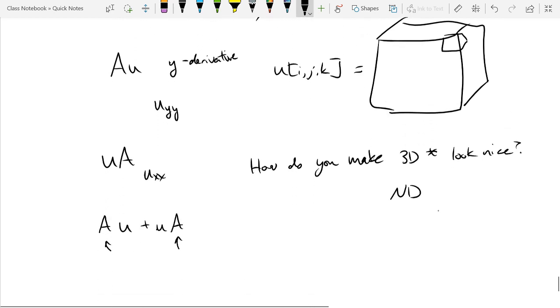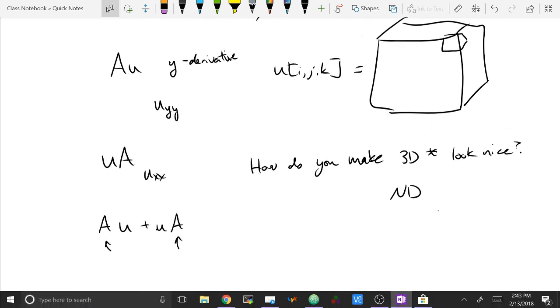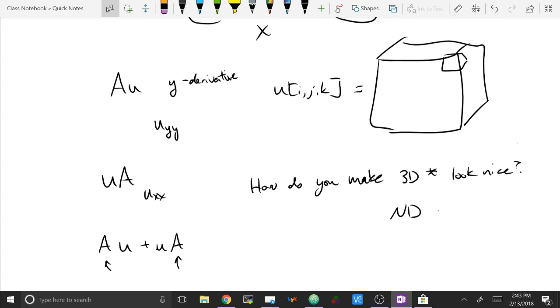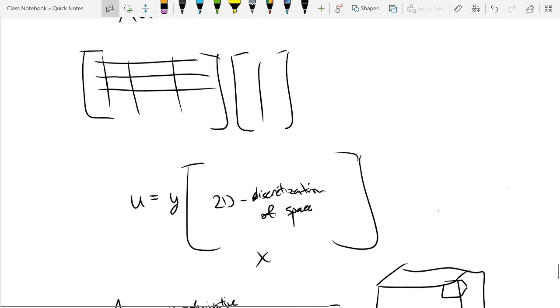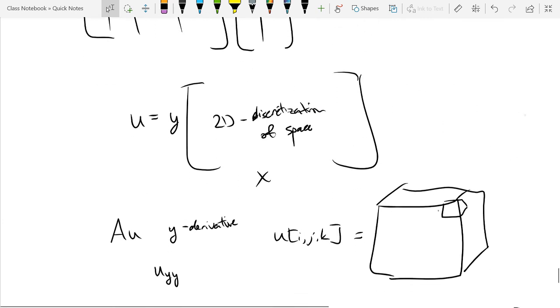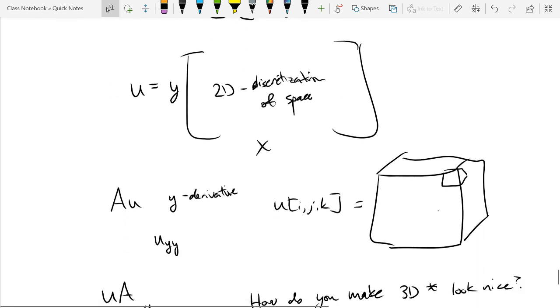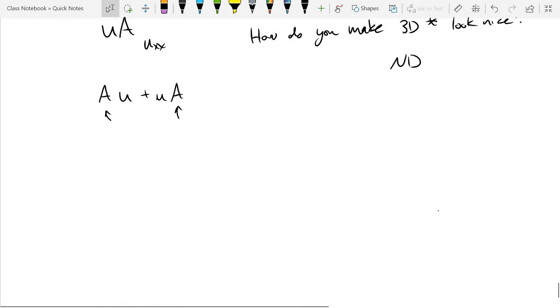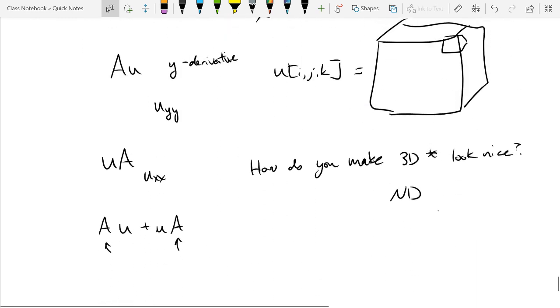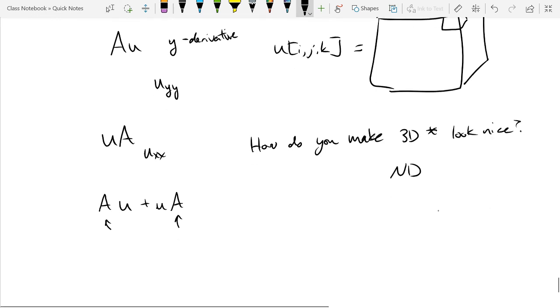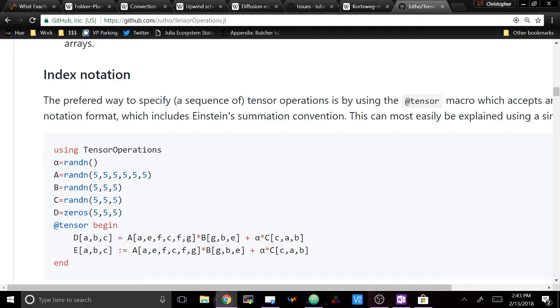So that's what some of the other things in the issues are talking about. Just how do you work up to higher dimensions, because the matrix equations only have left and right, so they can only handle 2D, but tensor operations can handle these higher things, but we don't have an API for making that easy.